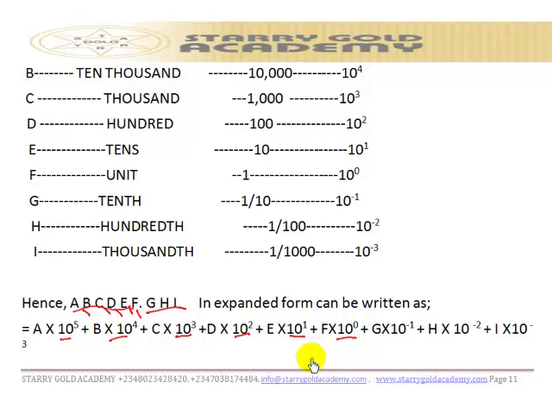Now crossing over to the decimal part, your tenth, G times 10 raised to minus 1, H times 10 raised to minus 2, your thousandth, I times 10 raised to minus 3. That is how number base expansion works. You look at the power before you start solving at all. The power determines the place value of the number.